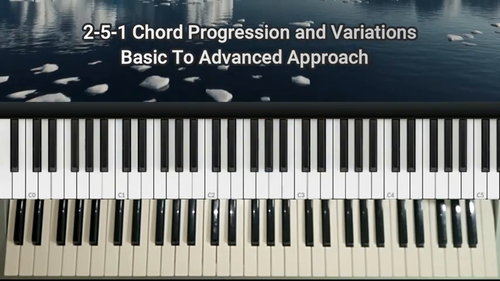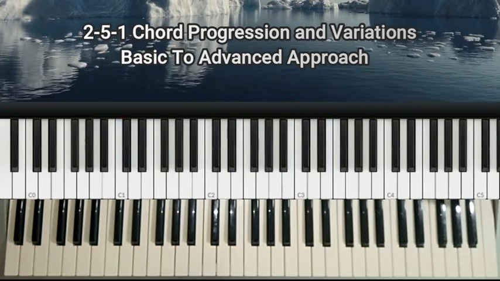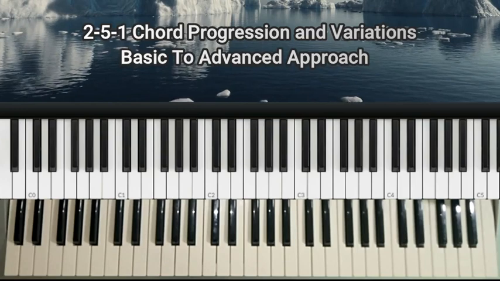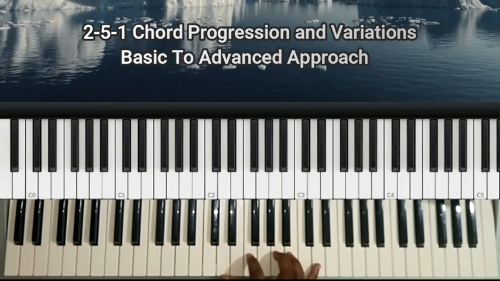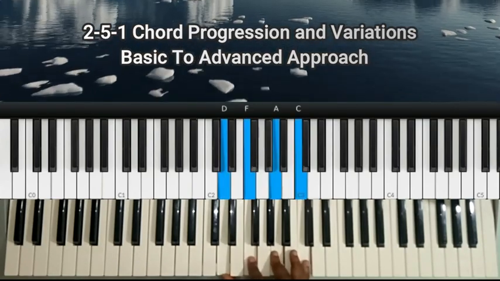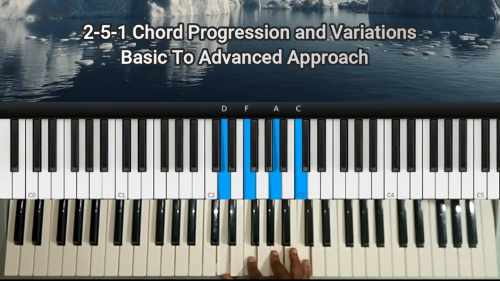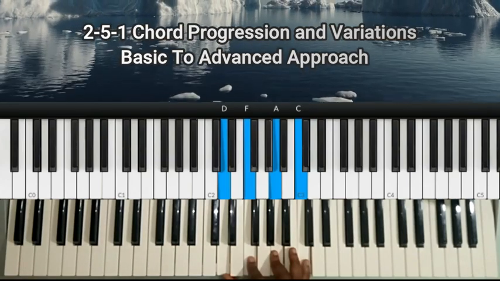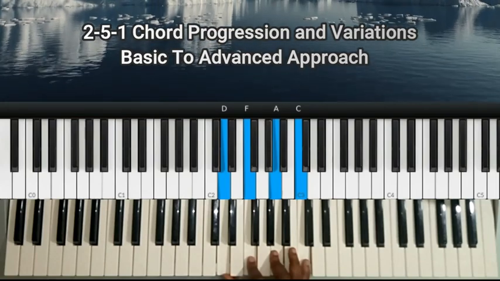Okay, the fifth variation of the 2-5-1 chord progression on the key of C major, I'm going to be teaching you something called the shell voicing. Now, the shell voicing is a technique in which when you have a dominant chord like this, a shell voicing will take the 3rd and the 7th notes of the chord.